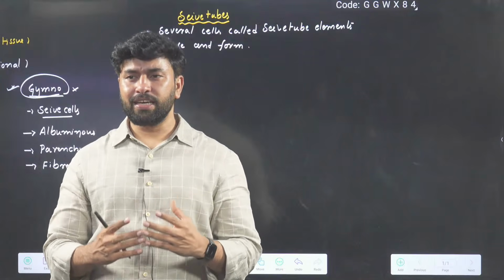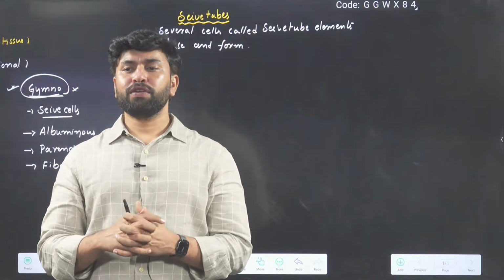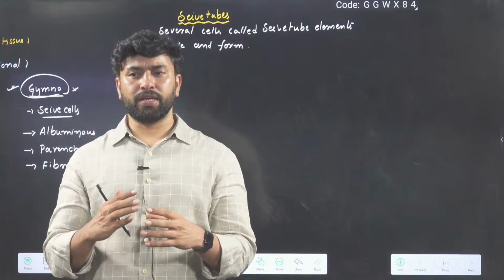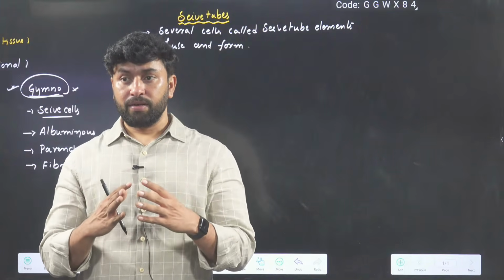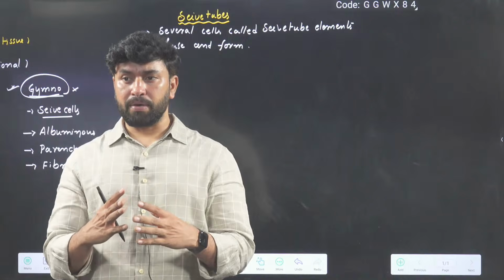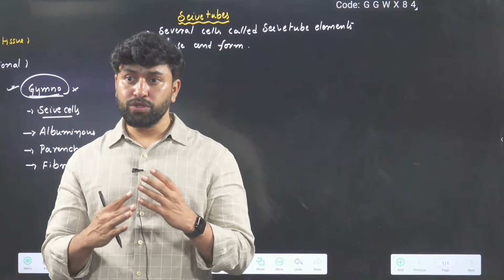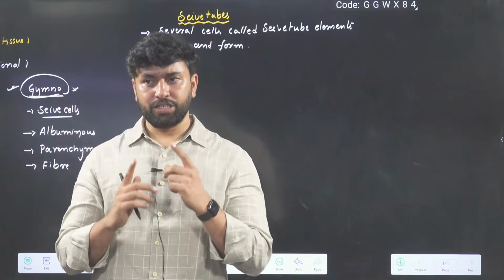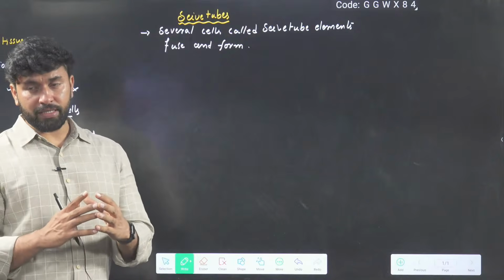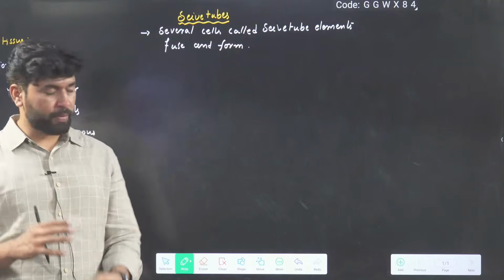Vessel is not a single cell. There are vessel members, they fuse together, and ultimately there is a formation of a vessel. Vessel is made up of vessel members. Similarly, sieve tube is made up of sieve tube elements. Let us check how these sieve tube elements form a sieve tube.